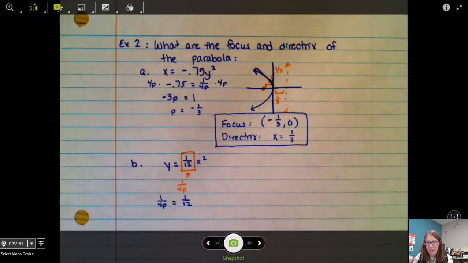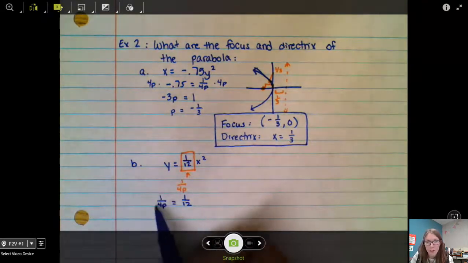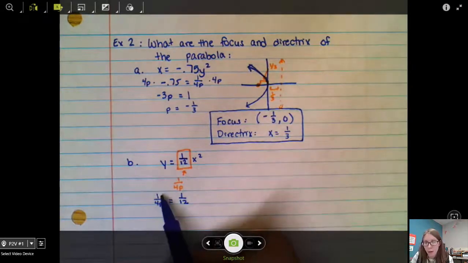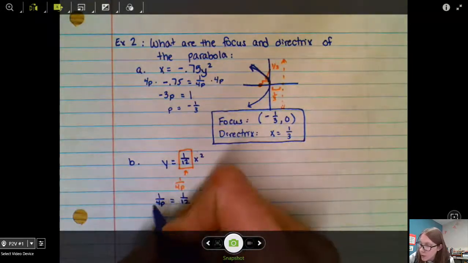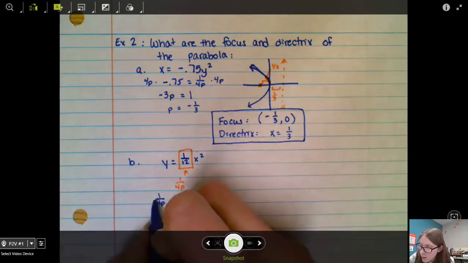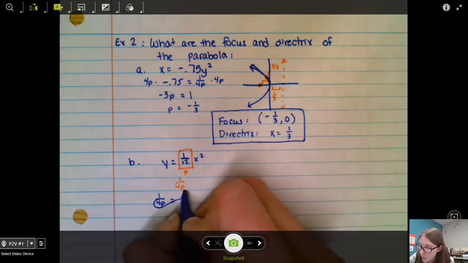Well, this equation isn't going to be too bad for us to solve because if you look at our fractions on each side, we have a 1 on top for both. So we could go straight to the fact that 4p has to equal 12. If this didn't work out quite so nicely, don't forget that we can always look at the cross products of proportions.